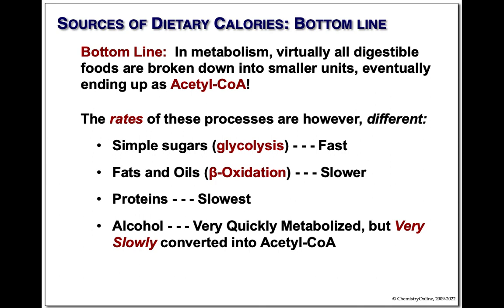This is important because if we have simple sugars, we build up this level of acetyl-CoA, and what is your body going to do with it? It takes it and converts it to fat. If you eat proteins, the conversion is very slow.